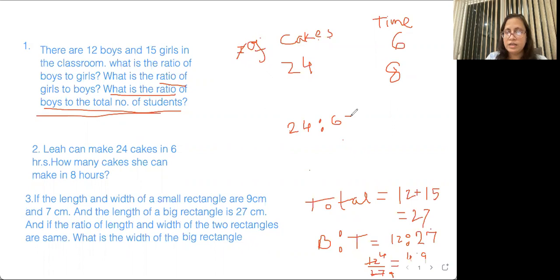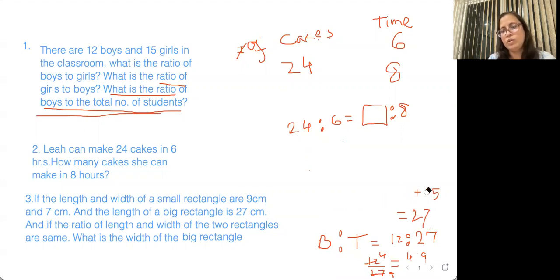And this equals, I don't know how many cakes she made, that is the unknown thing, is to 8 hours. Did it make sense? So we can see 24 is to 6 equals the unknown thing, that is, you can take it as x over 8.